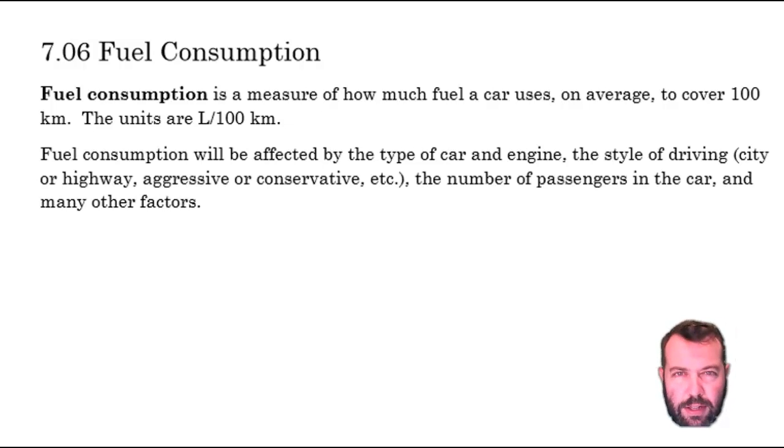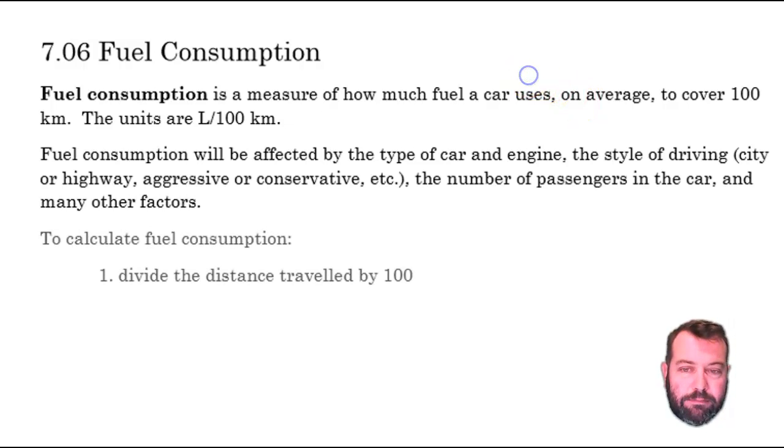If you drive aggressively and brake hard frequently, you're going to use more fuel. Around the city, you tend to use more fuel because of that starting and stopping, compared to on the highway where you can maintain a nice steady speed and not waste any of the energy that you've used getting the car going faster.